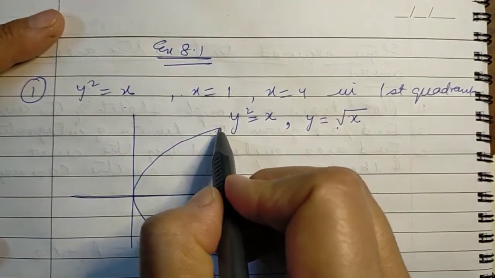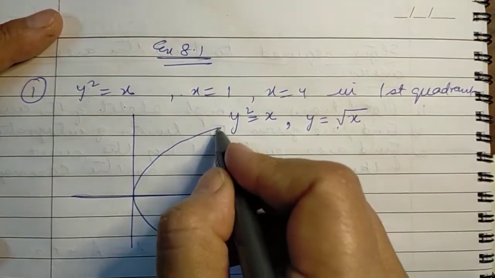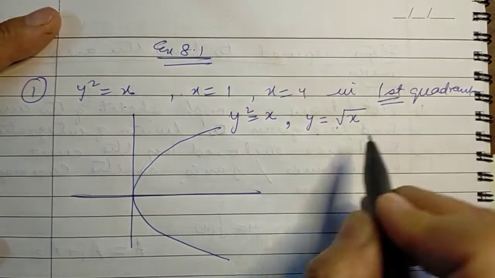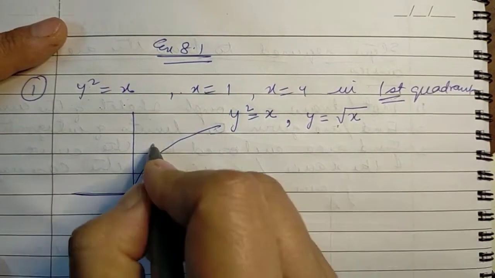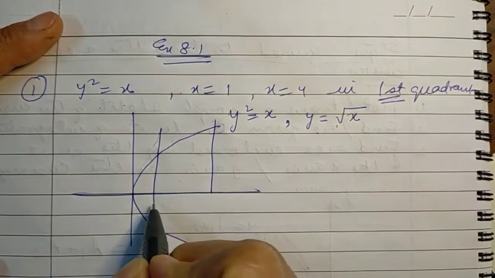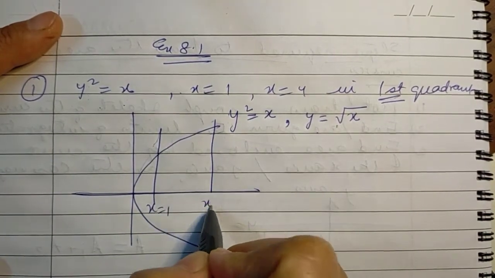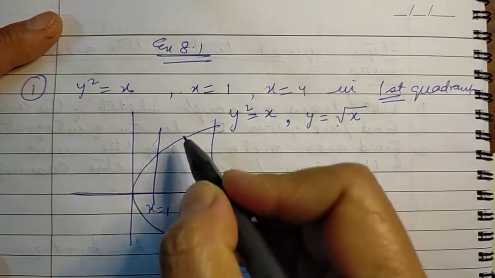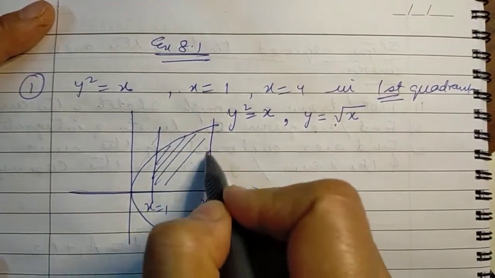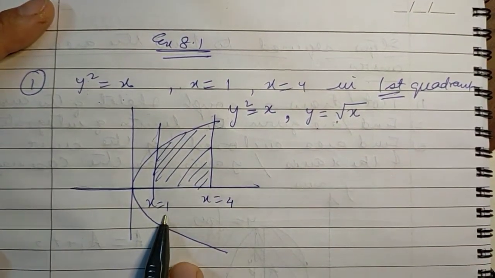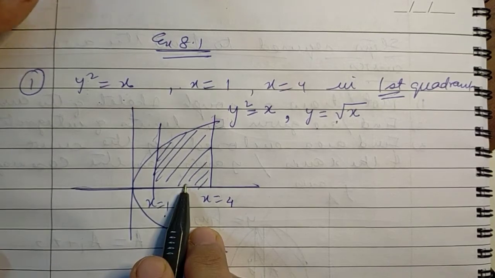We are taking positive y because here we have to do this portion only in the first quadrant. Then we draw lines x equal to 1 and x equal to 4 here. So basically the required area is this portion which we have to find out.